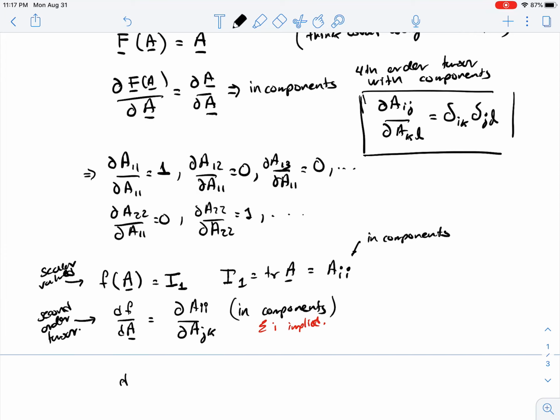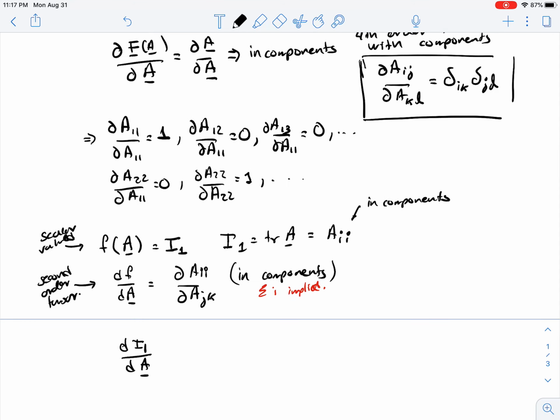So it is a second order tensor, there are two free indices. So what is this derivative? If you remember, you have the derivative of the first invariant with respect to the tensor A, which is this in components.